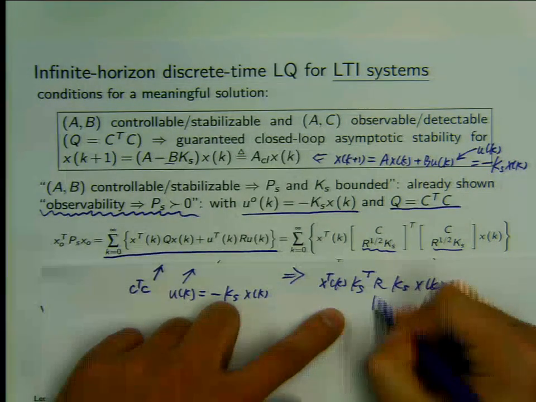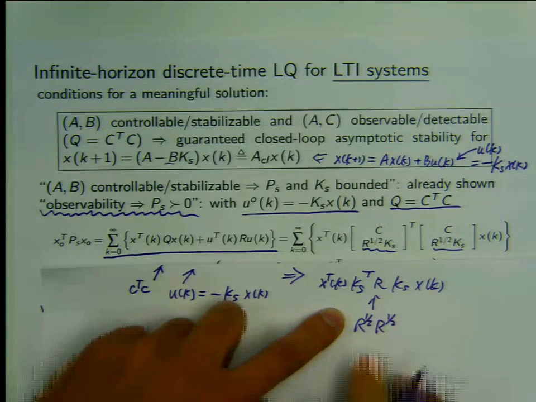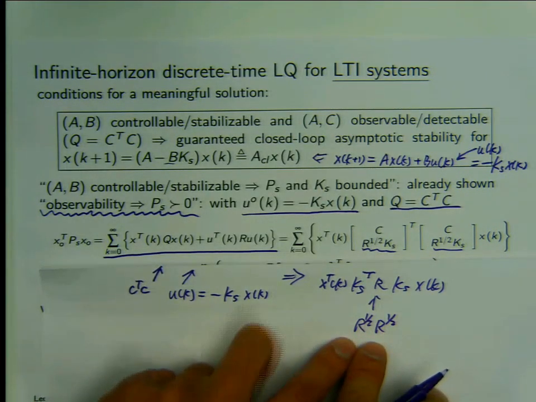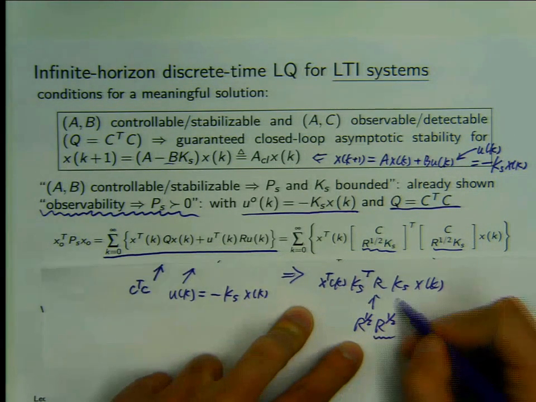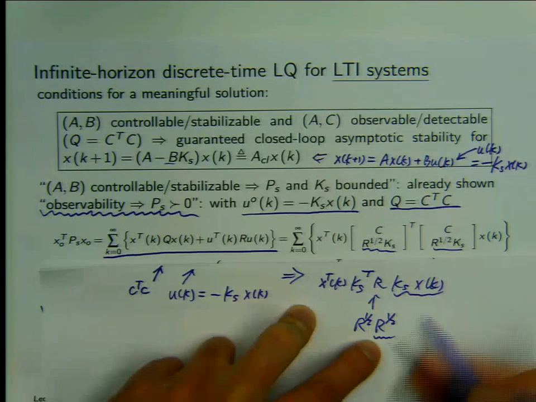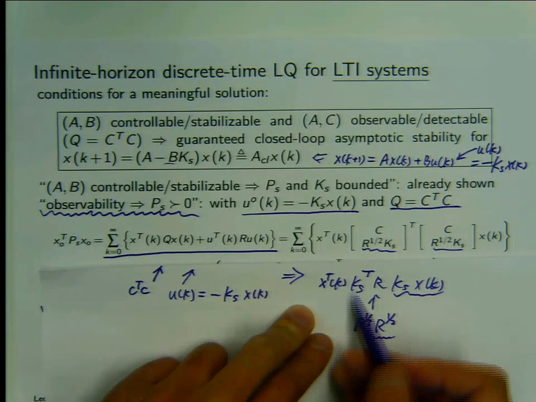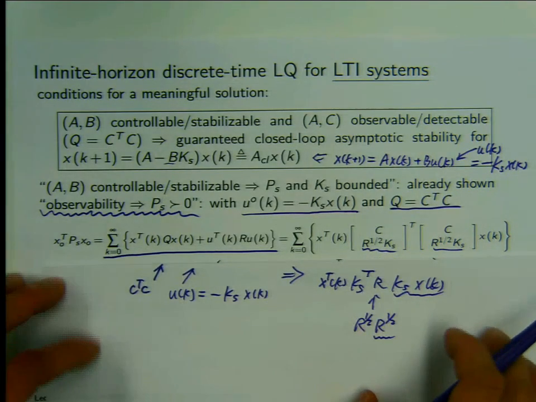Right? Now, R is positive definite, so I can deconstruct R into this combination here. And then it's because of that, combining these three terms, we get this one here. And then the rest of the terms is the transpose of this term. Everyone sees that?